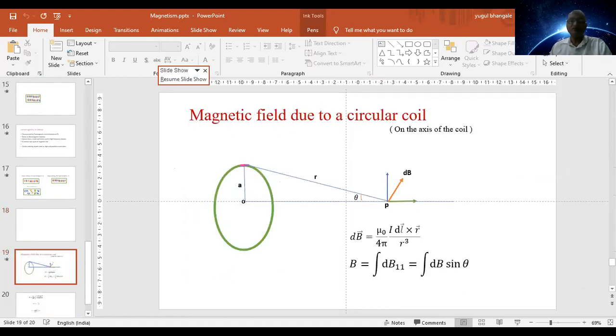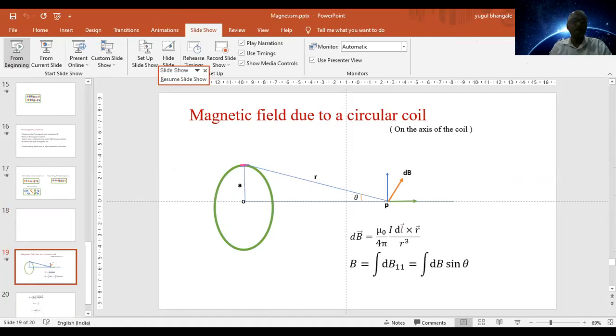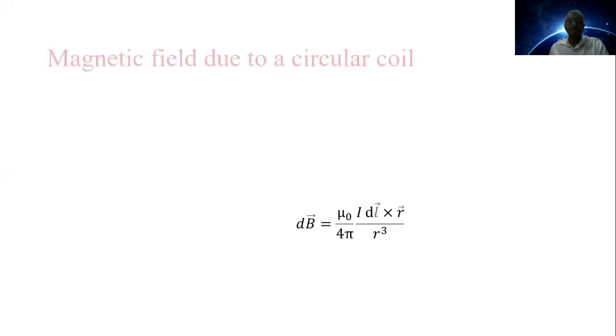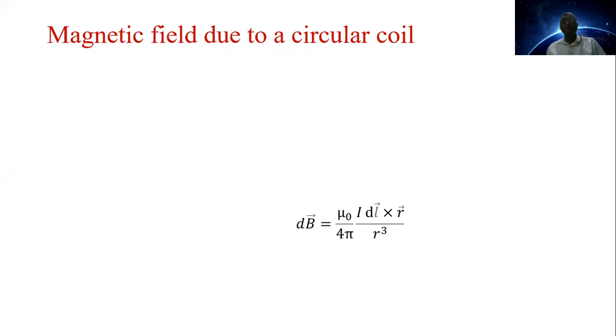Magnetic field due to a circular coil, that we can see. Magnetic field due to a circular coil. And we have to find the magnetic induction on the axis of the coil.